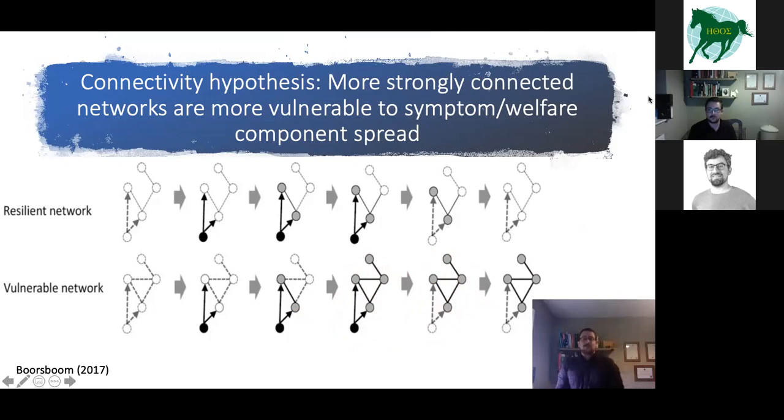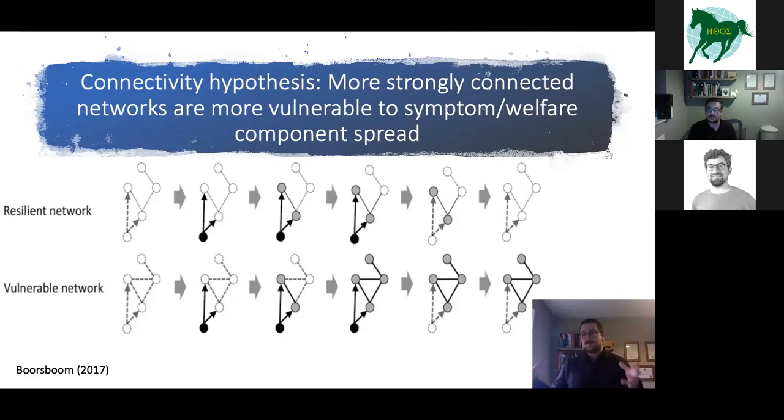There are a couple of things of interest in the animal welfare context here. One is, can we test this connectivity hypothesis in animal welfare? Does it apply to the measures we have if we're dealing with network systems? If it does, then potentially this is a useful new theoretical way of conceptualizing vulnerability and resilience, but potentially also a new useful measure of animal welfare.